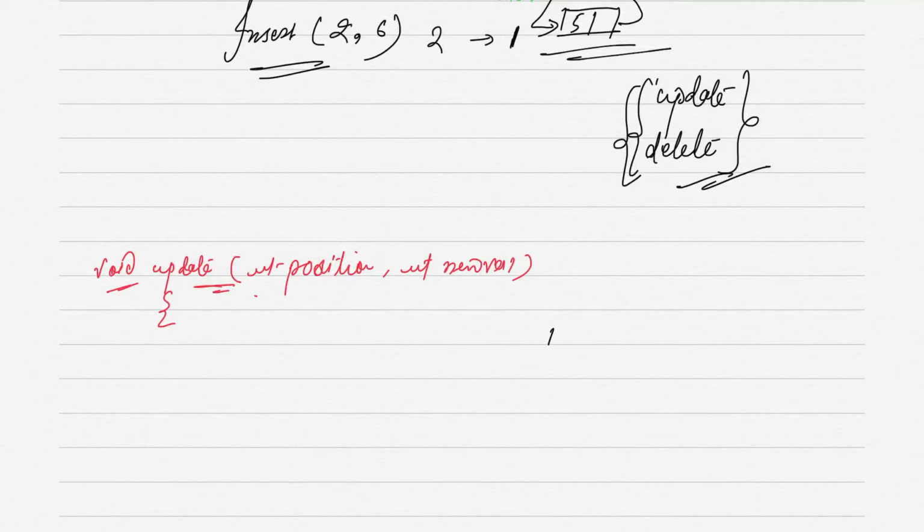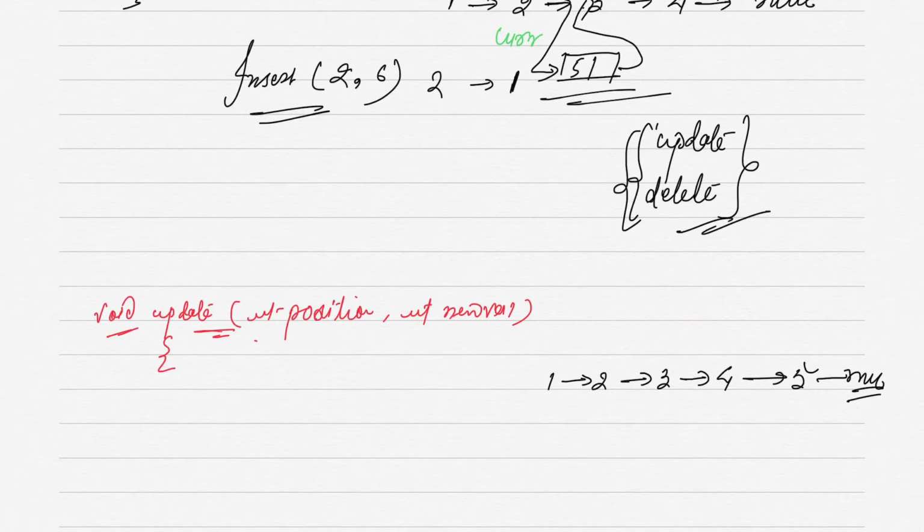Take one example here. Suppose you are given 1, 2, 3, 4, 5 and null, and you have position 2, and I want this value to be changed. So you need to locate this node.